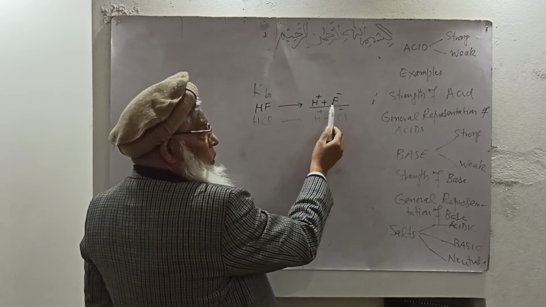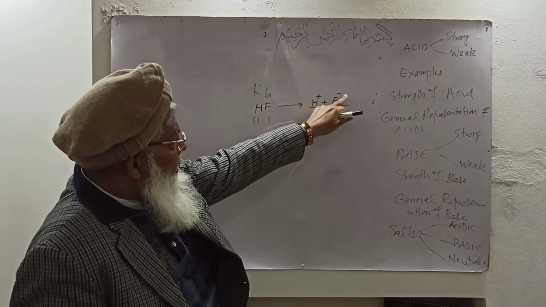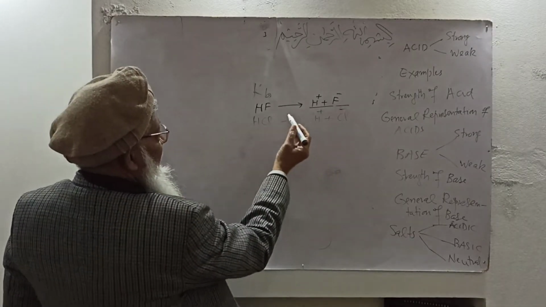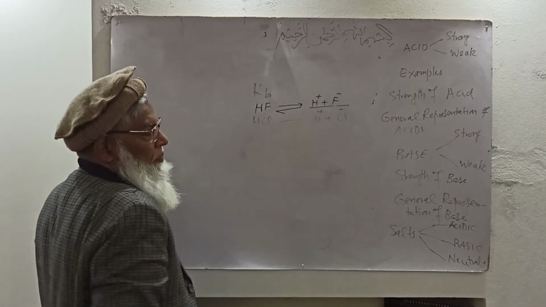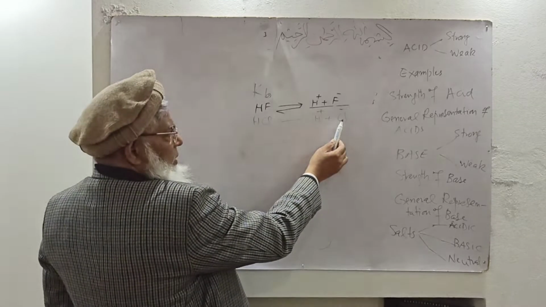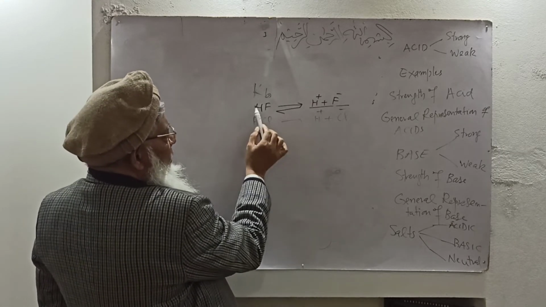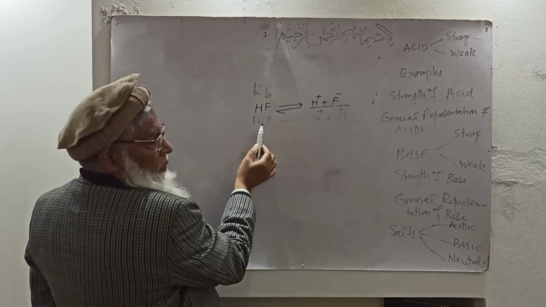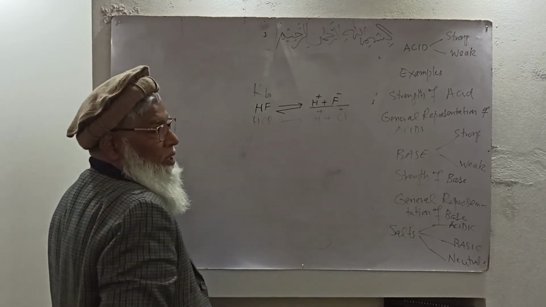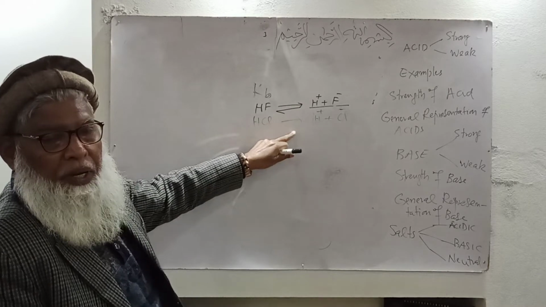Fluoride is a strong base because here the charge density is greater; it speedily accepts the positive ion and is converted into undissociated HF. Similarly, chloride accepts H positive ion and is converted into HCl. But if we compare the strength of HF and HCl, HCl is stronger because its conjugate base is weaker. It does not accept H positive ion very quickly or easily.